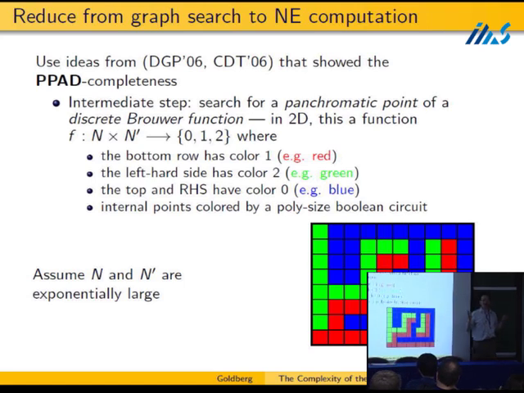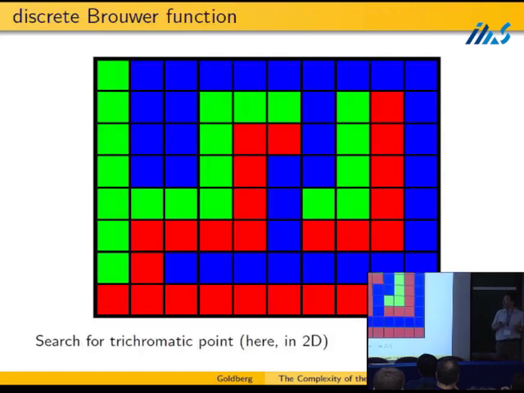Now these boundary constraints are important because they make sure that we really have a total search problem on our hands, and that there really exist, in this case, trichromatic points, these sort of points here, which are solutions to this particular instance of the problem. And so here is a copy of this particular little problem instance that I'm going to be concentrating on.